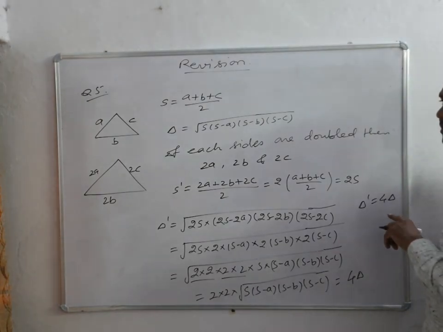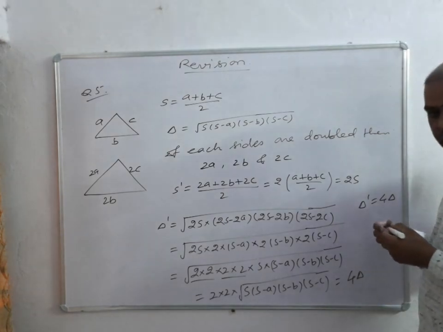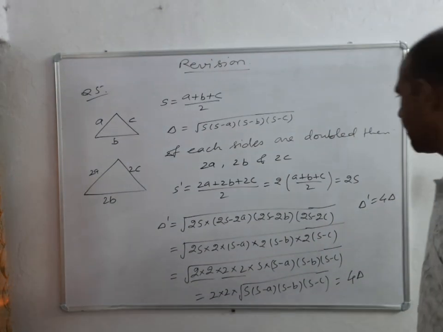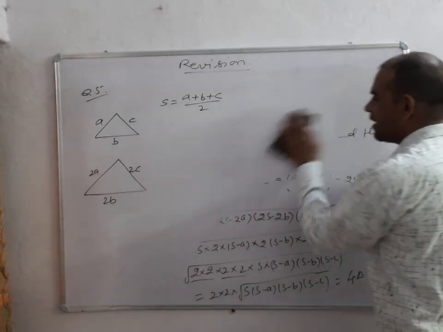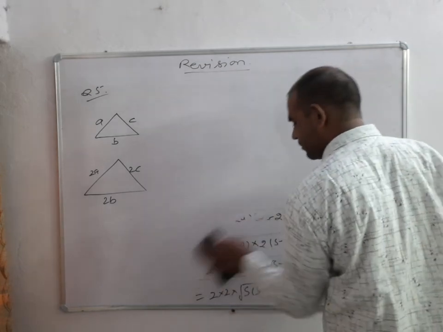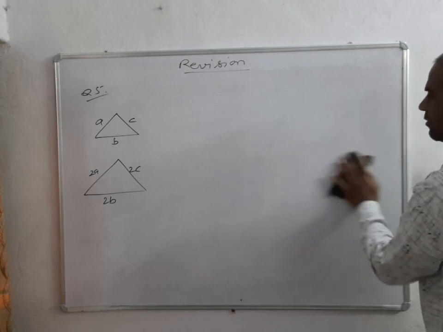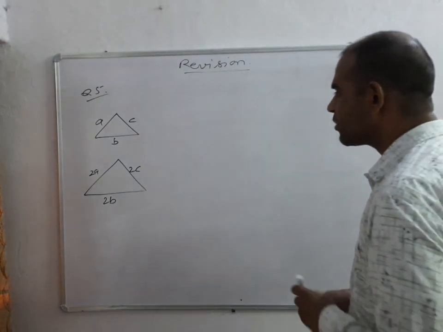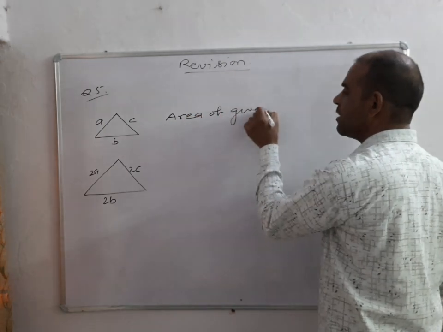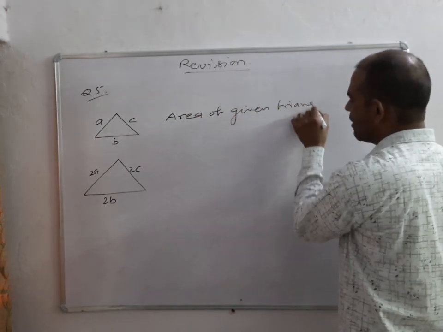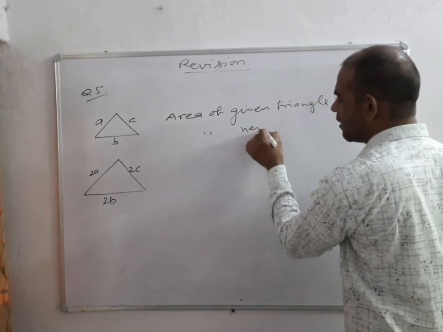And we should compare the new area and original area. So increased area. Del is the area of the given triangle. And 4 del is the area of the new triangle.